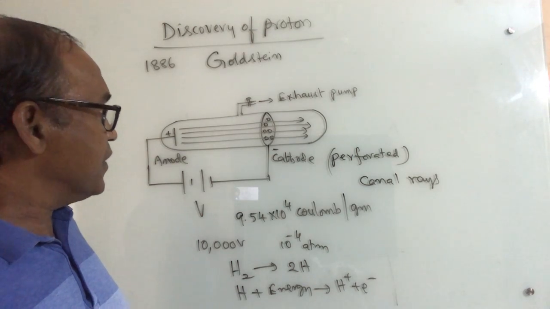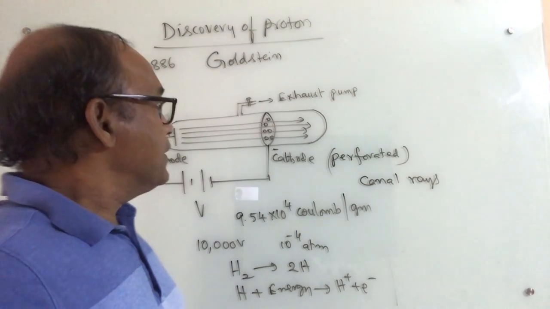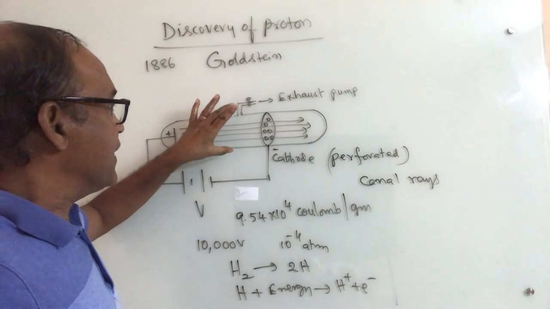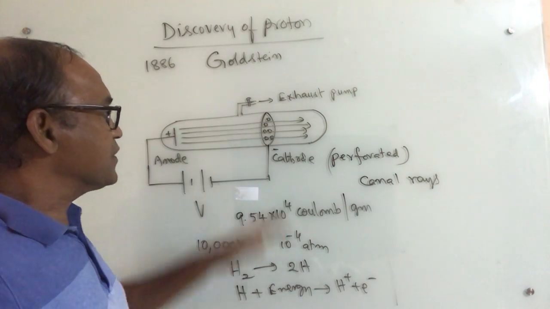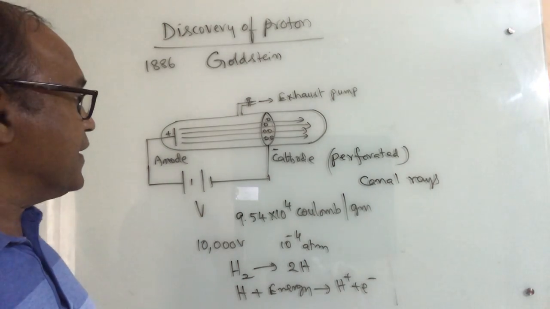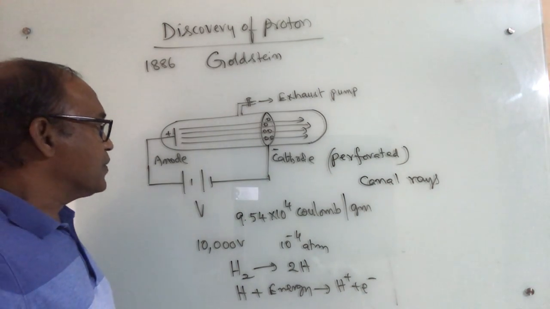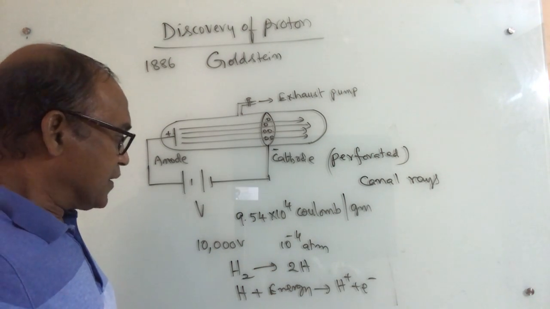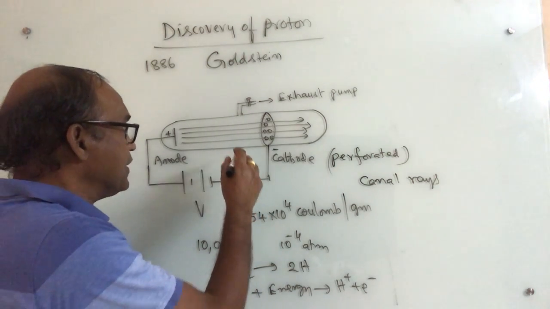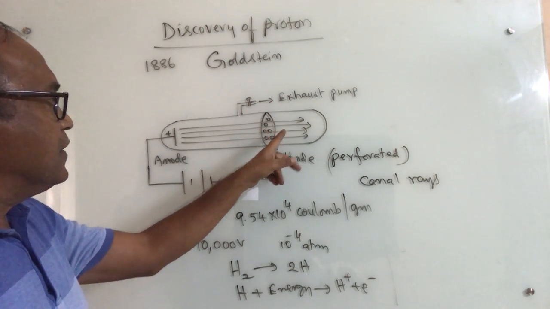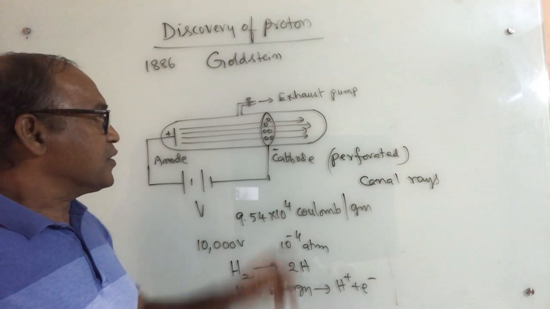This is verified by placing an electric field, and also a magnetic field. If an electric field is placed, they bend towards the negative charge plate, indicating that they have a positive charge. Again, if an opaque body is placed in this path, a shadow is formed.